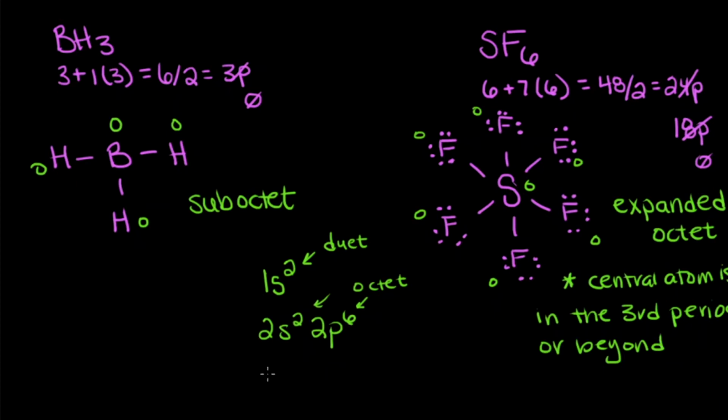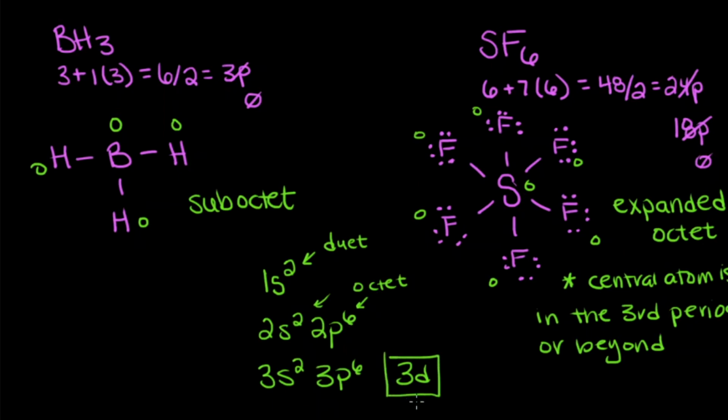Once you get to the third period, yes, it's true that the third period contains only 3s2 and 3p6. However, even though in the third period they do not have any electrons in the d block, the third principal energy level is where d orbitals start to appear.